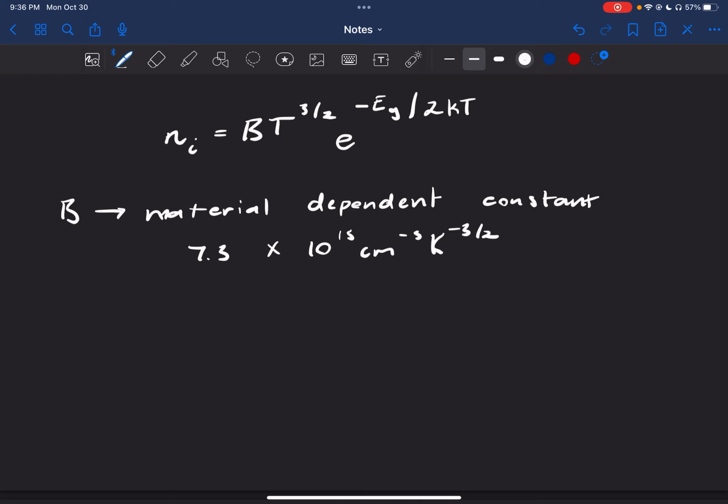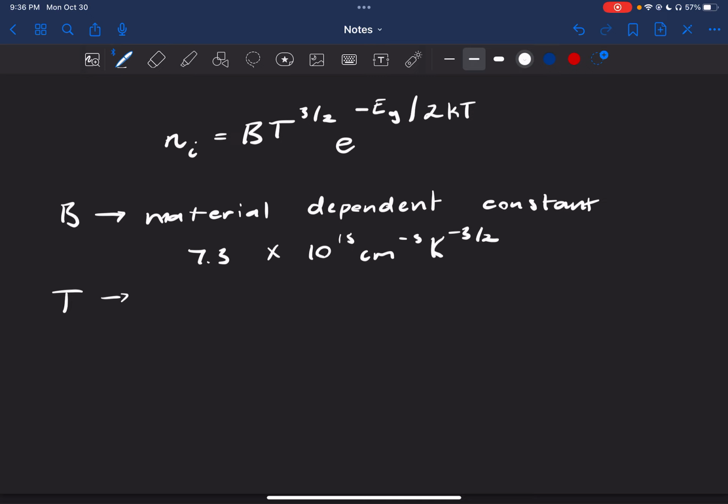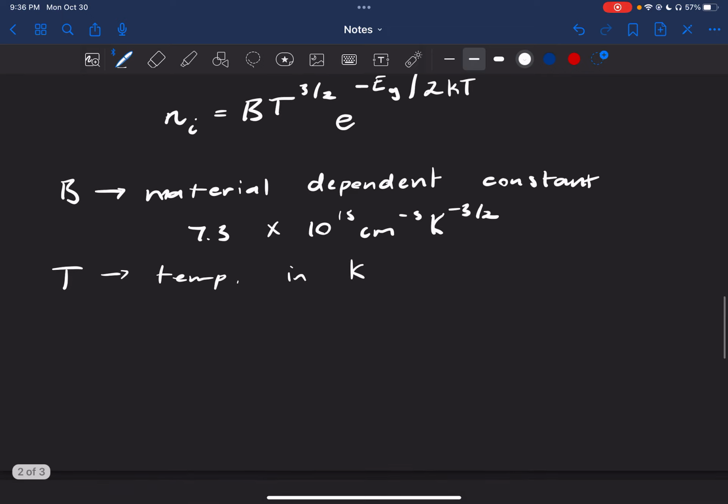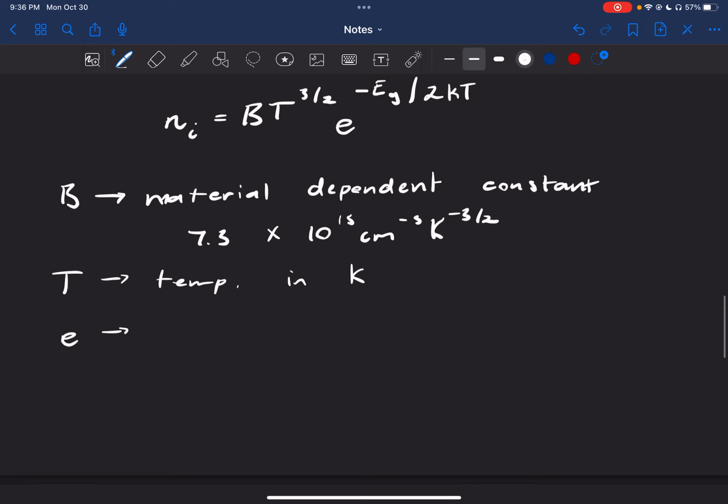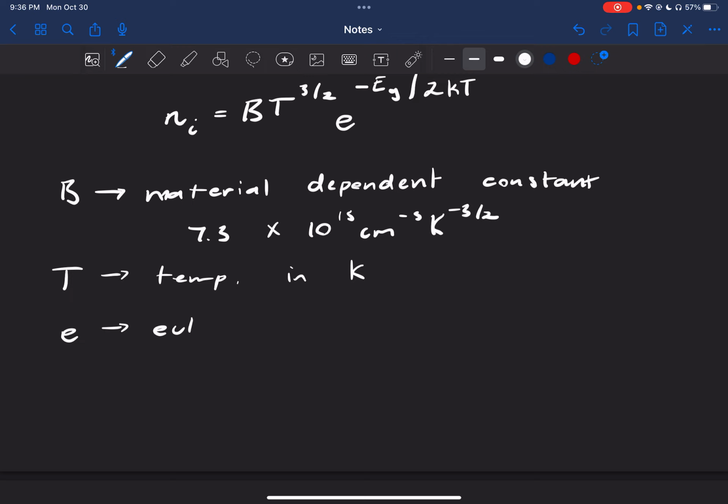And then T refers to temperature in Kelvin. e is just Euler's number, right? That's a constant, 2.718, and so on.